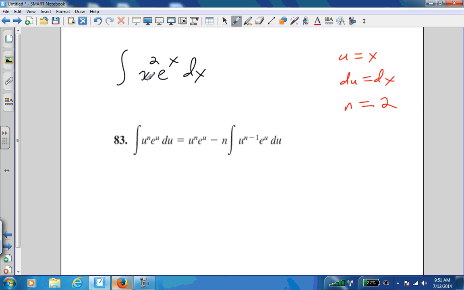So we have u to the n, e to the u, du. So when we integrate that, we get u, which our u is x, to the n, e to the u, minus n, times the integral of u to the n minus 1. Our n is 2, so n minus 1 would be 1, e to the x dx.